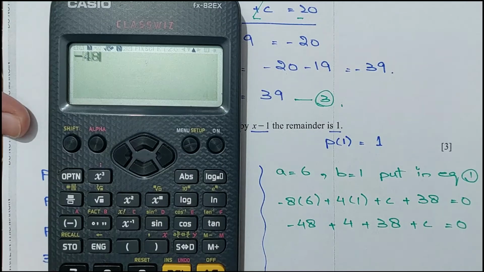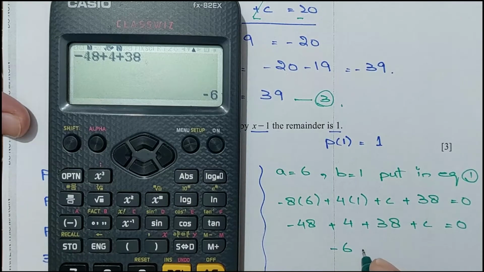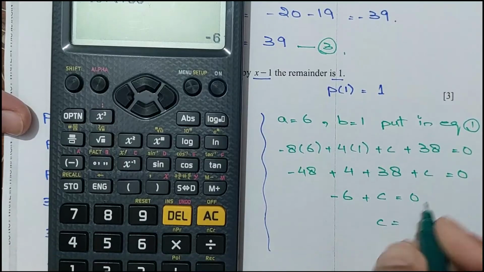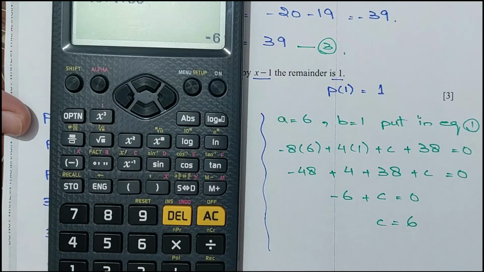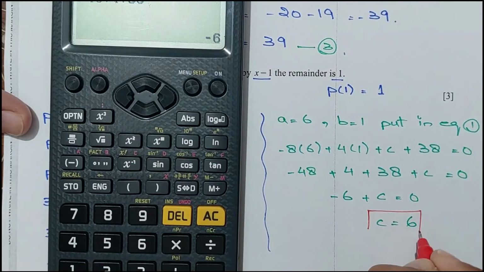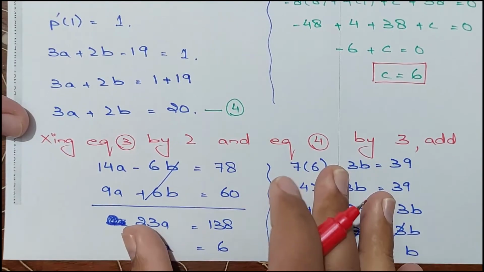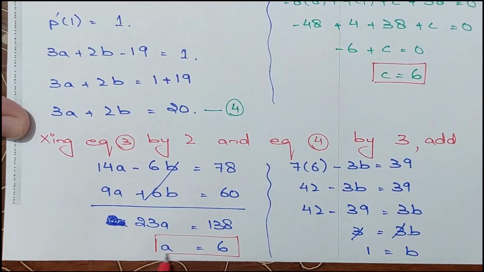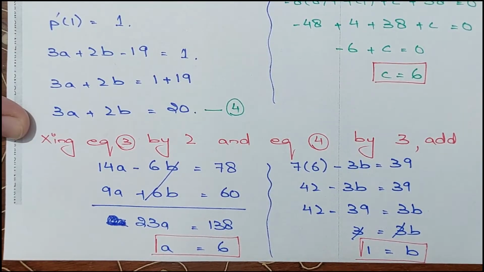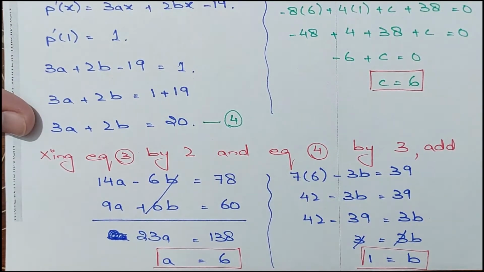So minus 48 plus 4 and plus 38, this is minus 6 plus c equals 0. So the c value would be equal to 6. So we have all the solutions. c is 6, a is also 6, and b is 1. So these are the three values of a, b, c.